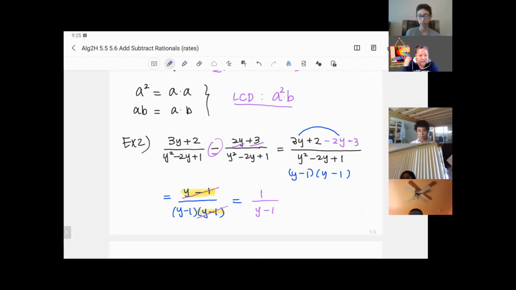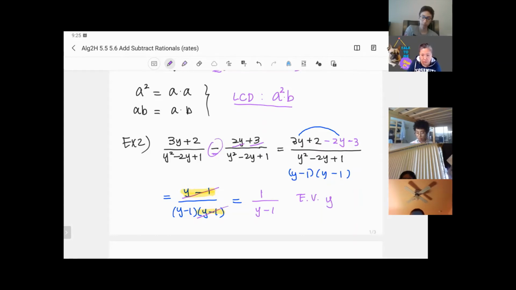The excluded value. We're supposed to say the excluded value. I just say Tesla because it's abbreviated as EV, like electric vehicle. Okay, then what's the excluded value here? The denominator was factored as y minus 1, right? So y cannot be what value?